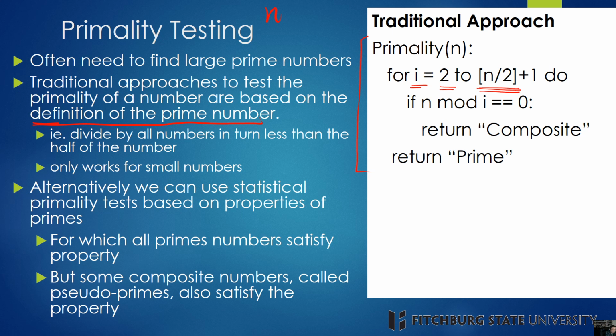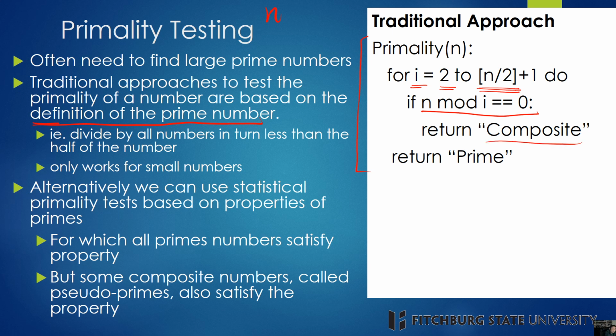Now, if n modulo i is 0, that means n divided by i gives a remainder of 0, so i divides n. If this is true, then n can be divided by i, which is smaller than n, so n is not a prime number, and we return composite.